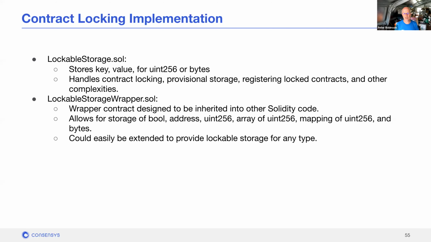So it handles all the complex stuff for you. The lockable storage wrapper is something that you could use as a base contract that you inherit from with your other Solidity code. So it essentially makes it easier for you to use the lockable storage. And so whether you want to store a bool or an address or an array or a mapping, this will let you do it. And it can easily be extended to allow you to use any type.